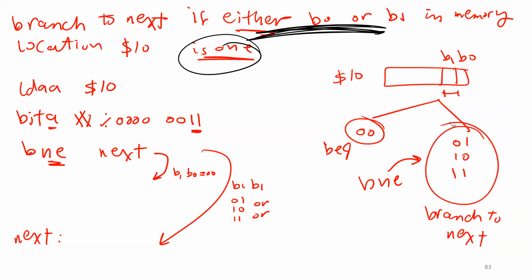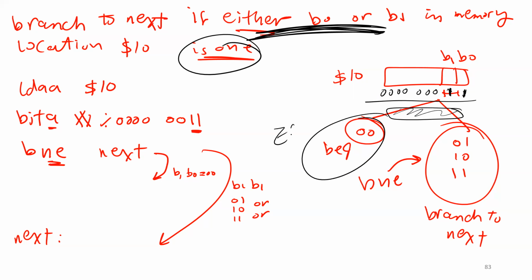If I do AND and I put 1 here, and then I put 0, 0, 0, 0, 0, 0. Okay. And then if the result I got is 0, that means the zero flag is 1.